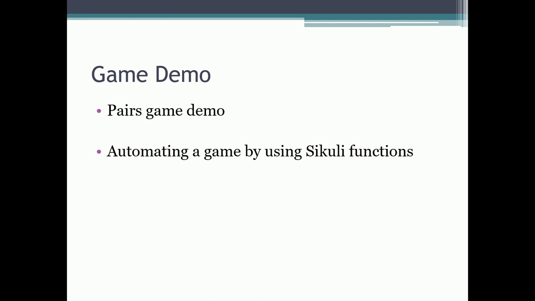Our last demo is regarding a game. As we are already aware of the pairs game, we are going to have a demo on the pairs game, and we will use all the Sikuli functions that we can use in this script to automate this game. So let me show you what game we are going to automate.